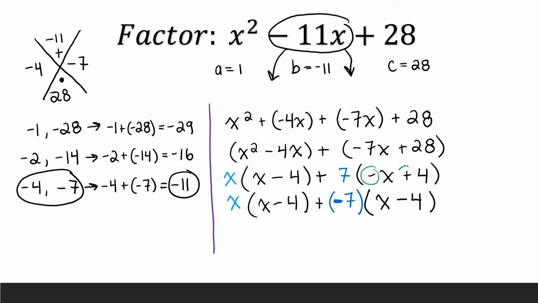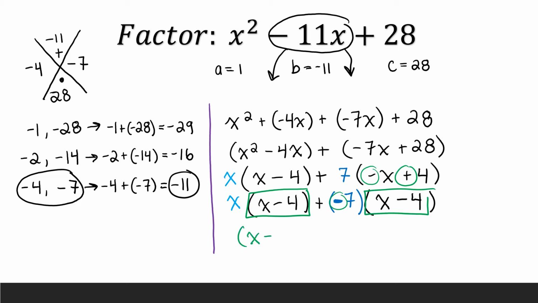So we factored out a negative as well. And now we'll factor out the common factor from each group. So both of these expressions have that entire x minus 4.